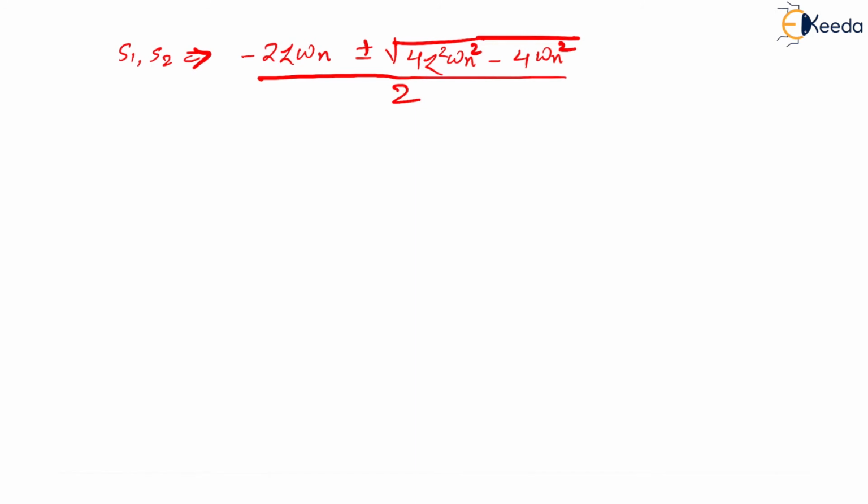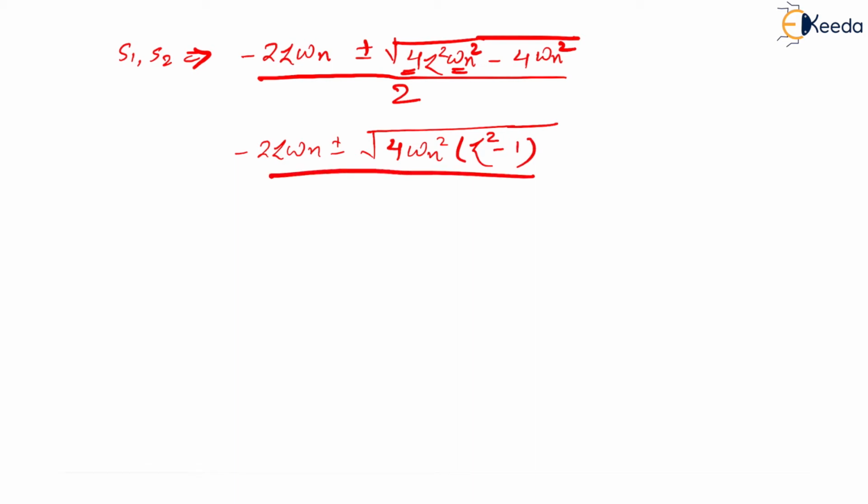This was the equation. Is that correct? Yes, sir. Now let me write this whole thing: 2 zeta omega n plus minus. Here, this is under root. Let me take the 4 and omega n squared common. If I take that common, inside the bracket it becomes zeta squared minus 1 remaining. Is that right? Yes. And definitely divided by 2 will be there.